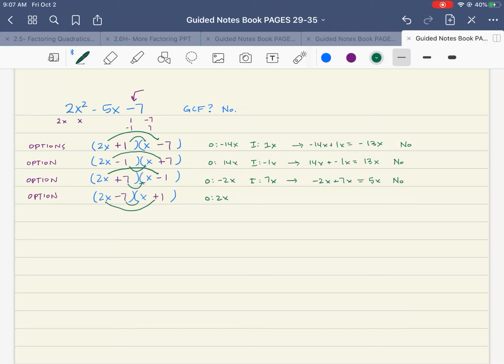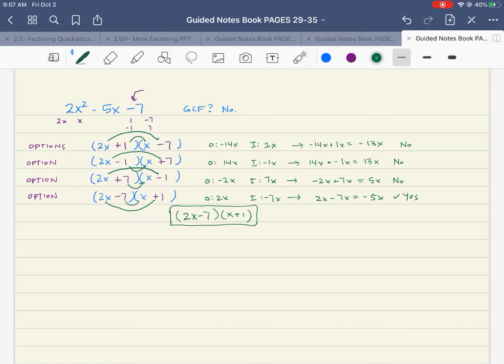Here again, outside is going to give us 2x. Inside will give us negative 7x. And that result with the 2x minus 7x will give us that negative 5x. So we know that our concluding or correct factor would be 2x minus 7 times x plus 1.